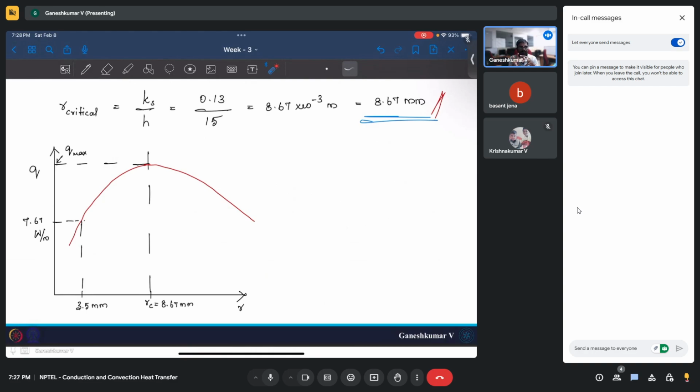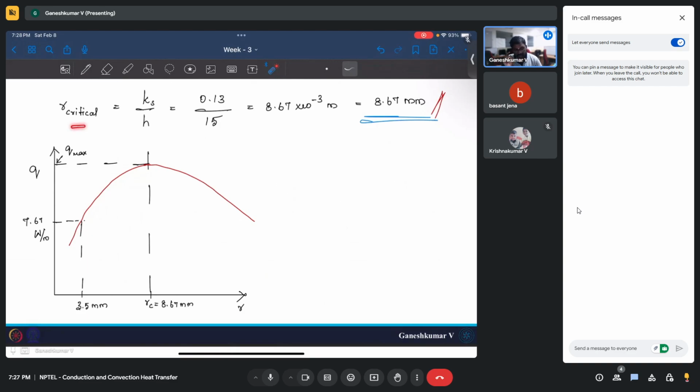The surface area of convection keeps on increasing, and if it keeps on increasing until the R critical, we know the heat transfer is going to continuously increase because of the convection. Till here the convection heat transfer is more than the insulation conduction, right? So Q will continuously increase, the amount of heat you can dissipate will continuously increase.